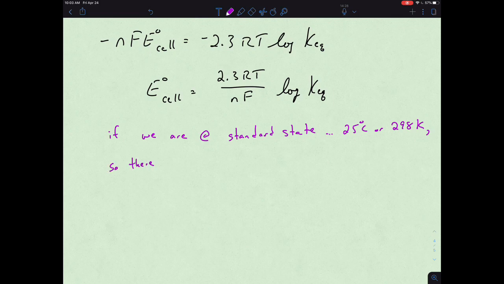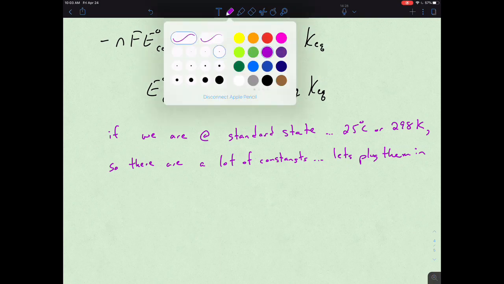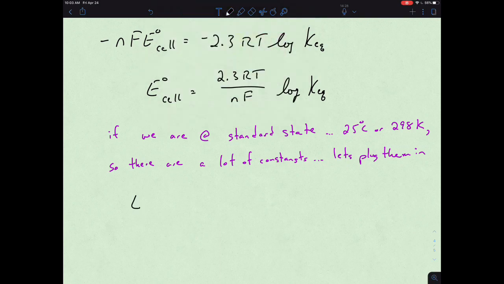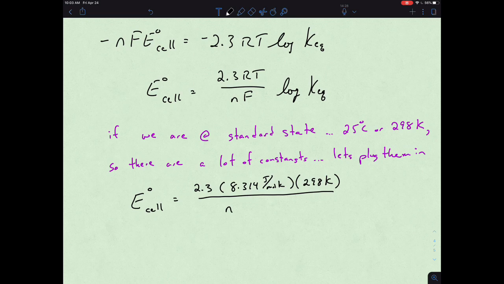So there are a lot of constants here. Let's plug them in. So we would have our E cell is equal to 2.3 times our R, 8.314 joules per mole Kelvin, times our temperature of 298 Kelvin, all over moles of electrons. We don't know what that is. That's different for every redox process.